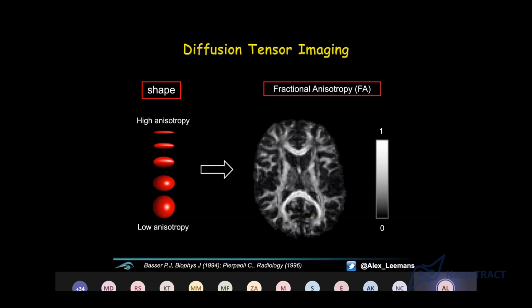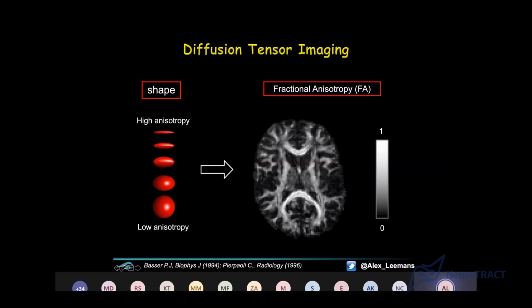If there's a lot of difference in magnitude of diffusion along different axes, we'll call it highly anisotropic. Very pointy, cigar-shaped ellipsoid. And we'll give it a value of 1. And the more it looks like a sphere, the lower the value, and we'll give it a 0 if it's completely isotropic, meaning there's no preferred orientation of diffusion.